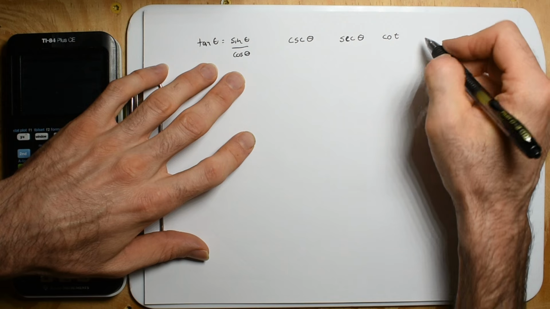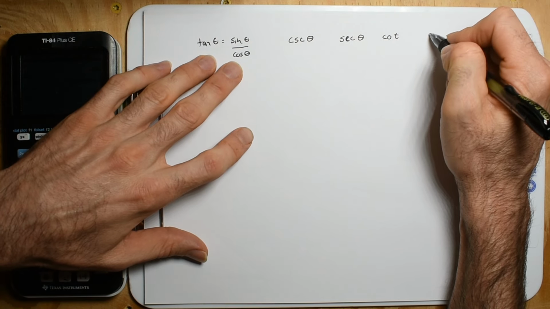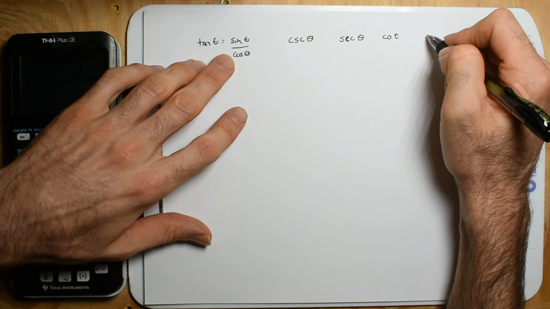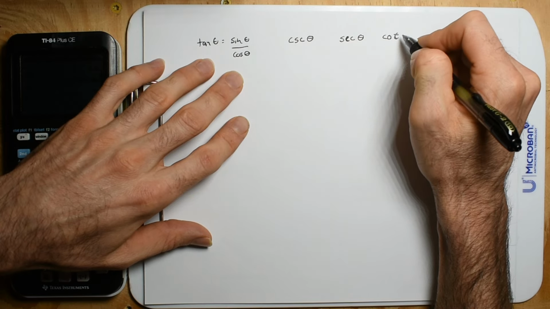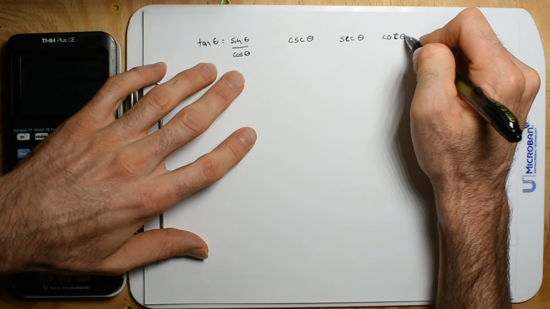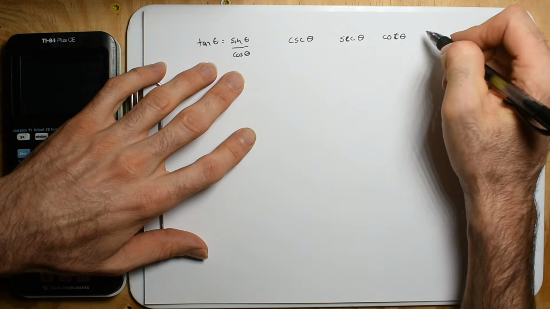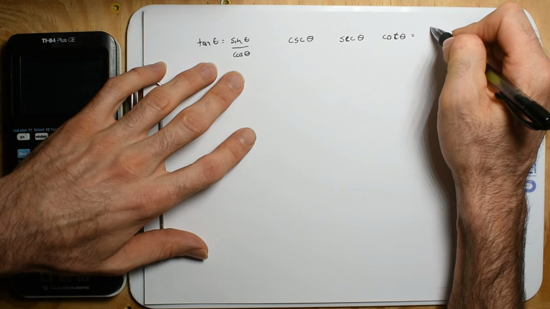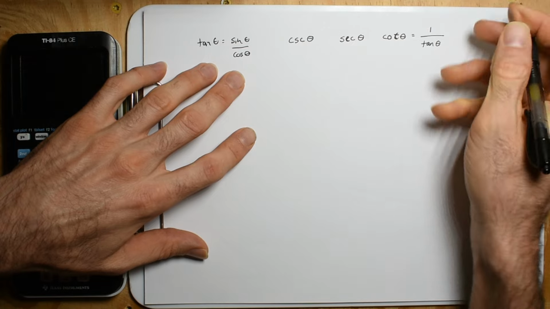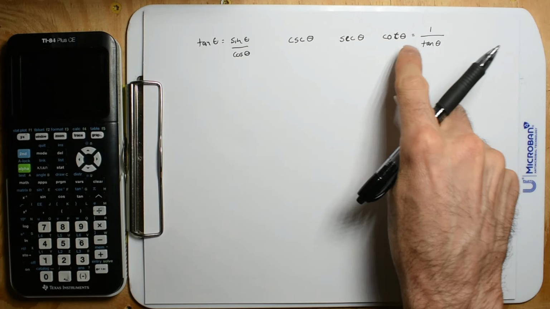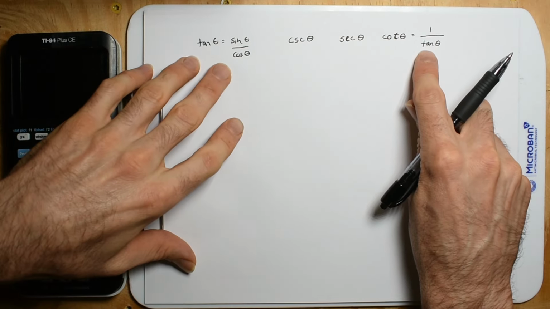You're like, oh, well, that's easy. Cotangent is just, well, what the hell is cotangent? This is messing with my mind because you have two different things. Cotangent is just, isn't it just 1 divided by tangent? Yes. Okay, holy hell. But yeah, cotangent is just 1 divided by tangent.